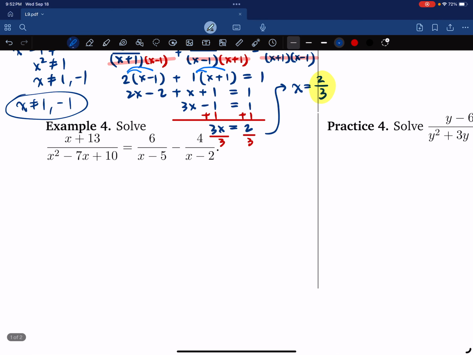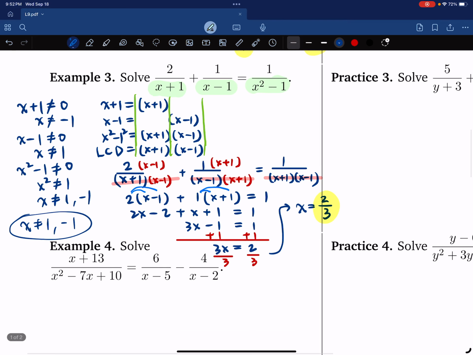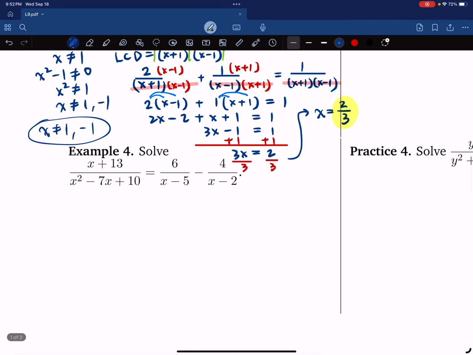Okay, example 4. Example 4 is just as complicated as example 3, so we're going to use the same method to solve. First, identify the restrictions. I think it will be better if we factor the denominators, which will help you see what the restrictions are. The first denominator is x squared minus 7x plus 10.